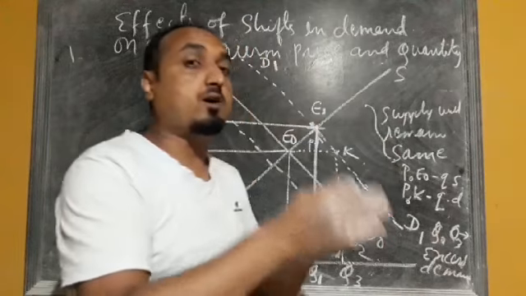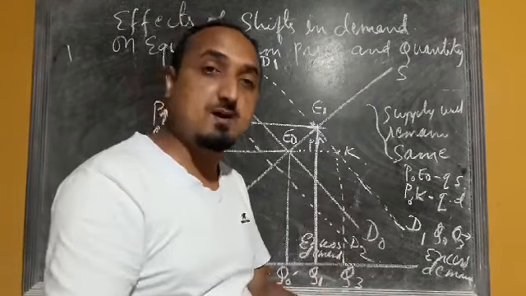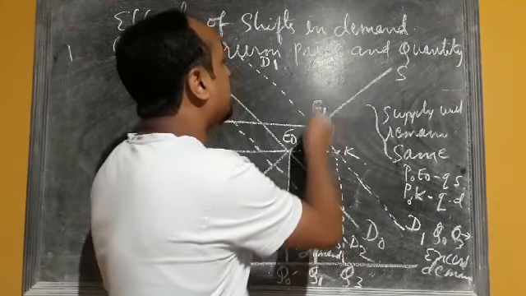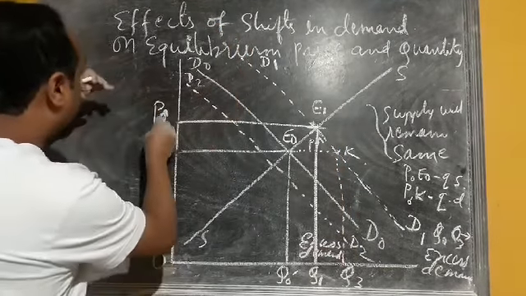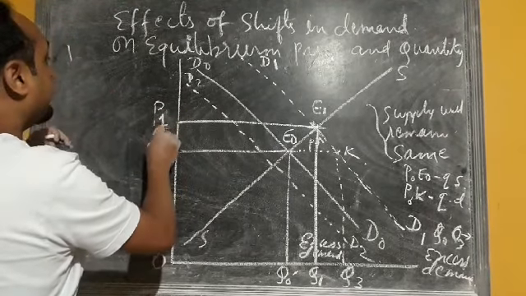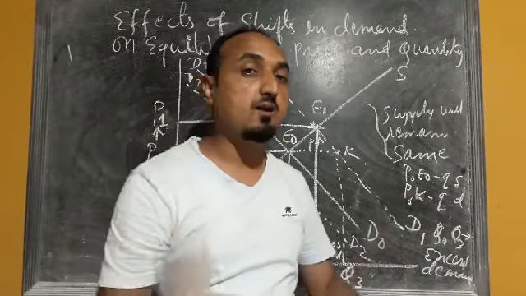It exerts an upward pressure on price due to excess demand. So we get the new equilibrium point E1, where equilibrium price is OP1 and equilibrium quantity is OQ1. That is clear from the diagram.